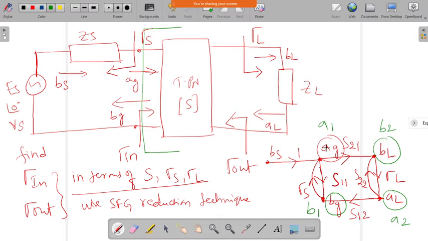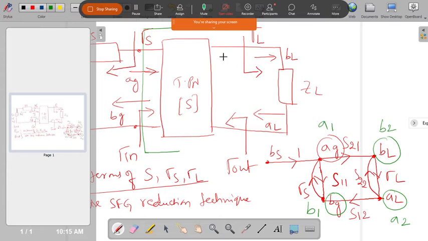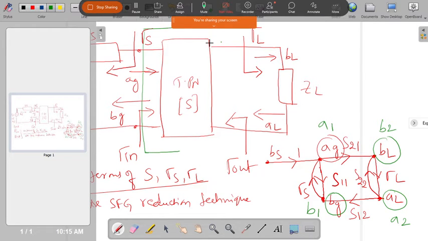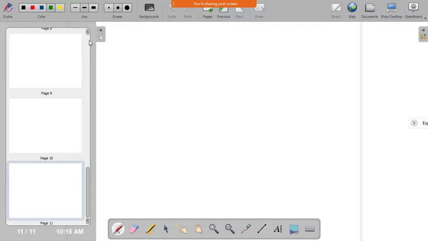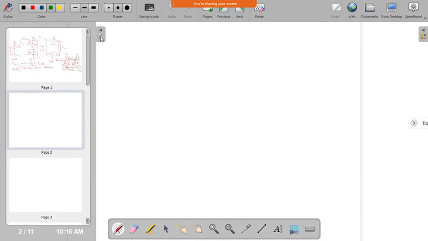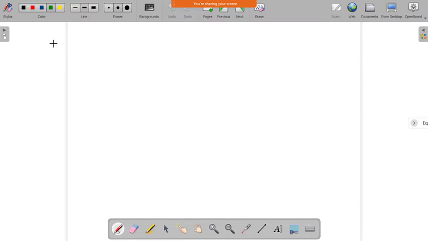So that's why you are going to get only A1, B1, B2, A2, starting from S11. So if we write it for gamma in, this is our gamma in.